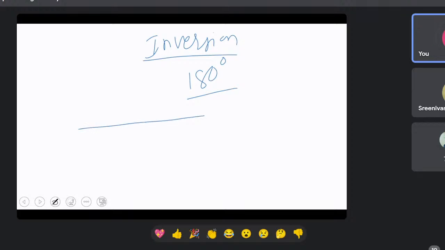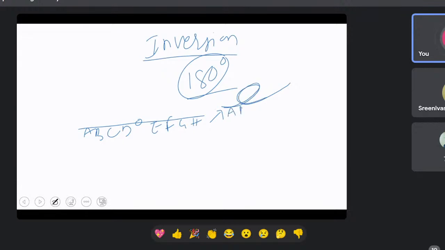So how does it take place? This is a chromosome A, B, C, D, E, F, G, H. In inversion, what happens is this chromosome is undergoing rotation through 180 degrees. It got rotated.